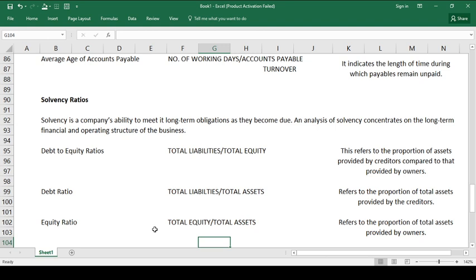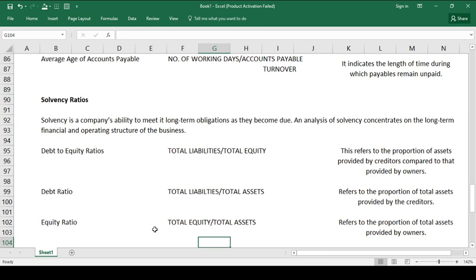Take note, the solvency ratio and the liquidity ratio are pertaining to the payment of liabilities. Kaso, yung liquidity ratio, we are pertaining to the ability of the company to pay its short-term or current obligations. While on solvency ratio, the company's ability to meet its long-term obligation as they become due.